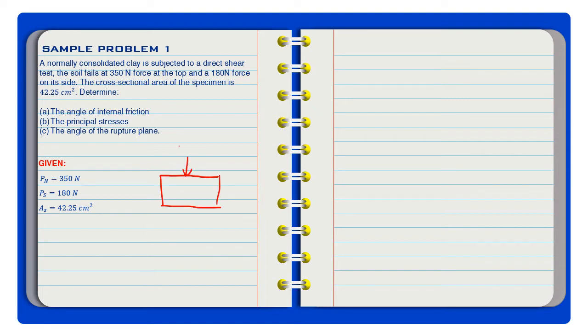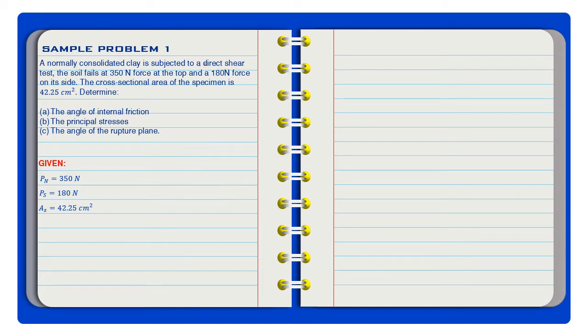So, this is 350 newtons and this will be 180 newtons. So, that is a direct shear test. Meaning, what we apply on the top, which is why it is P sub n, is the normal load. And what we apply on the side, the 180 newtons, is the shear force, since we are on the direct shear test.